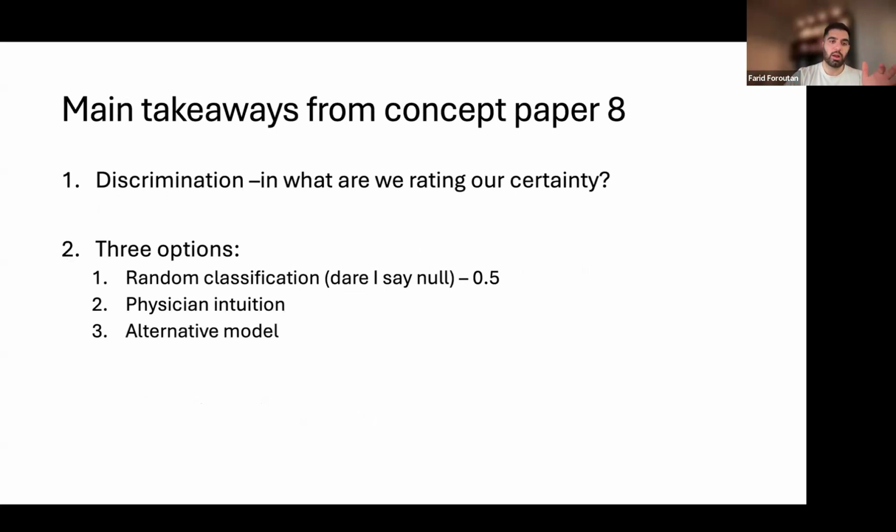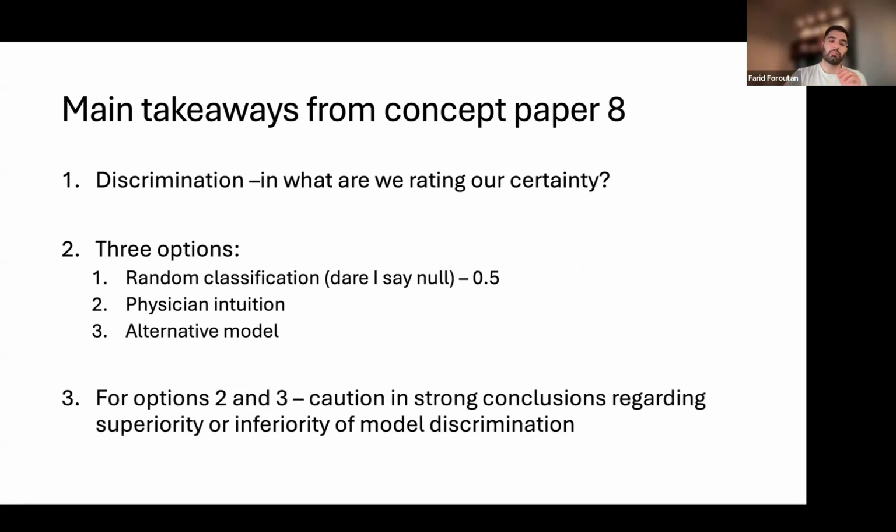And we have three options that we came up with for GRADE concept number 8: random classification, physician intuition, and alternative model. For options 2 and 3, again, be cautious not to say it's superior or inferior. It's just satisfactory or unsatisfactory discrimination based on what you're seeing in relation to where the threshold is.